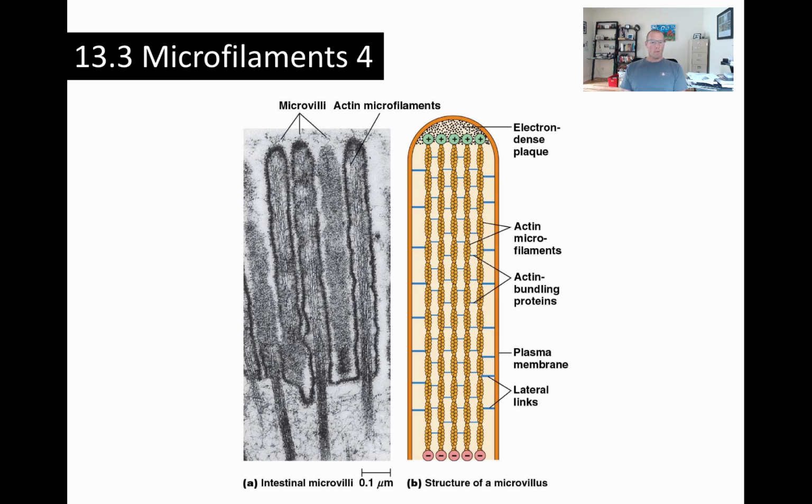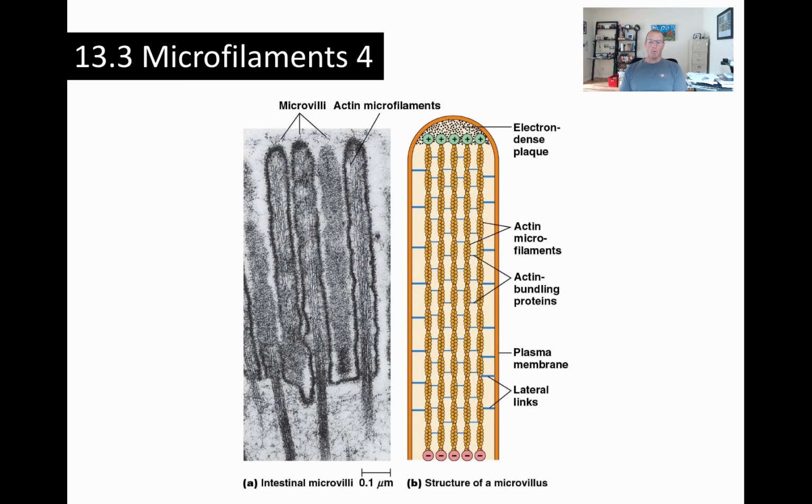So the core of a microvillus, over here on the left we have these microvilli, consists of a tight bundle of microfilaments, and as you can see from the diagram, the plus ends of the microfilaments extend towards the tip, whereas the minus ends extend down into the cytoplasm of the cell.